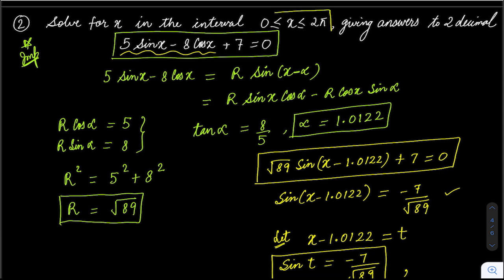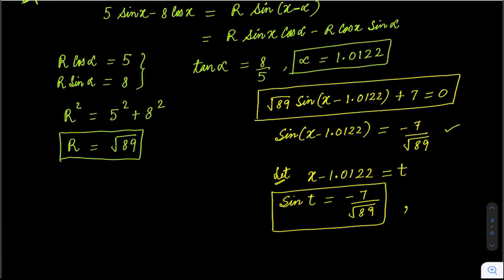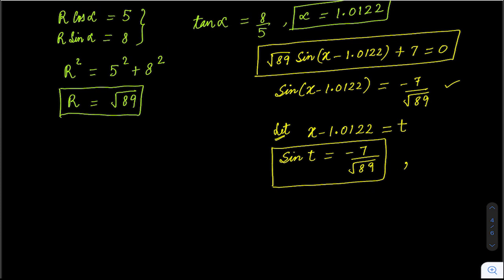Now this interval 0 to 2 pi is the interval for x, and we have to find the interval for t now. So x is 0 to 2 pi, so what is my t? I think everyone knows this. Just subtract this value. So t will be greater than or equal to minus 1.0122 and less than 2 pi minus this value.